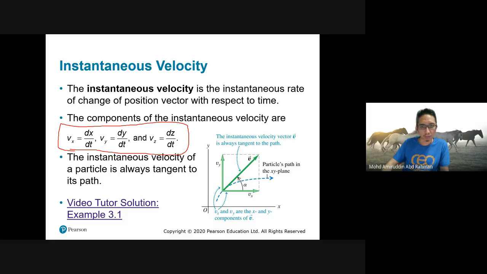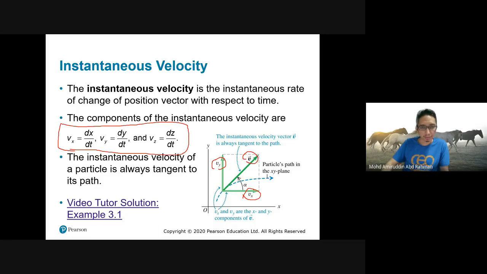Let's have a look at the graph over here. We have V, and over here it is in terms of Y and X. This V is actually the vector defined by the vector of Vy and the vector of Vx, projected at a certain angle alpha.